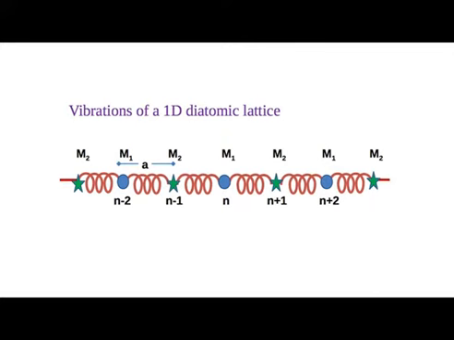In the image, as you see, there is a sphere kind of particle which I denoted by M1 and the star shaped particle which I denoted by M2. And we take the same designations which we put in the last session. UN is the displacement of the nth atom from the equilibrium, which is, as you can see, an M1 atom, and UN plus 1 is the displacement of the n plus 1 atom, which is an M2.